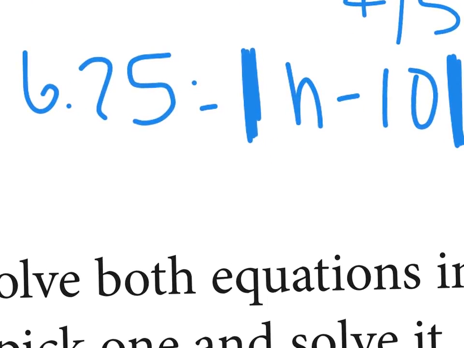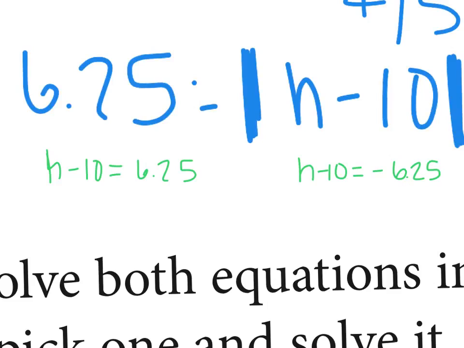So once my absolute value symbol is isolated and I need to start solving, I have to first split it as 2. I have to get rid of my absolute value symbols by writing it as 2 problems. My first problem being H minus 10 equals 6.25, and my second problem being H minus 10 equals negative 6.25.